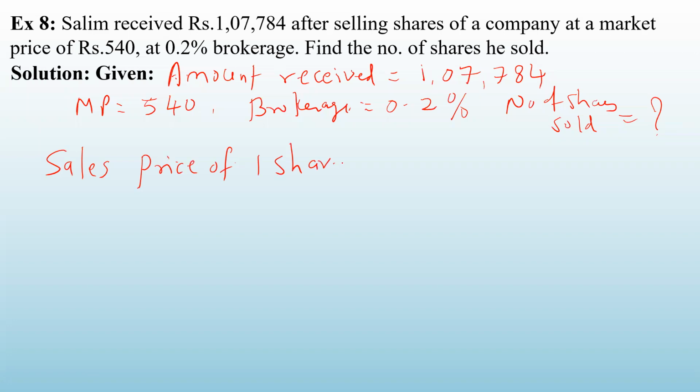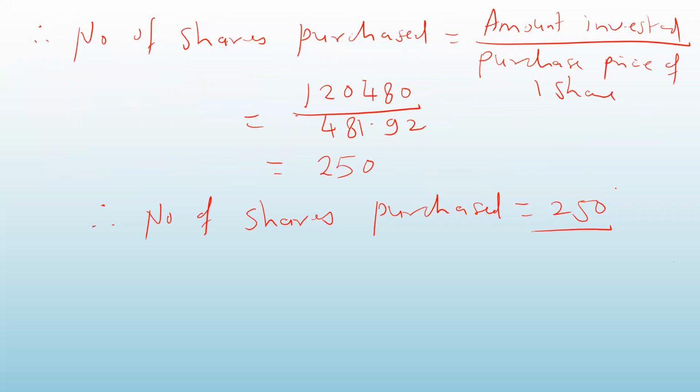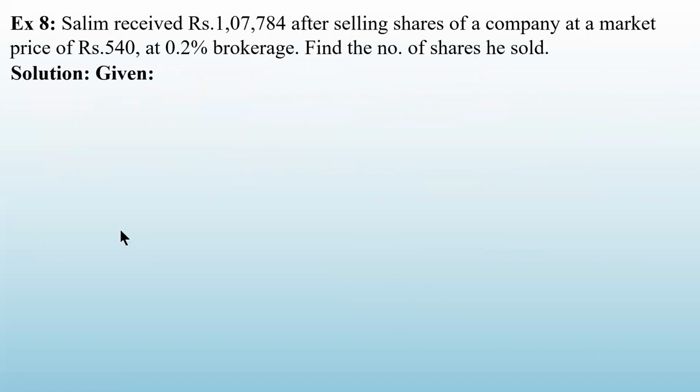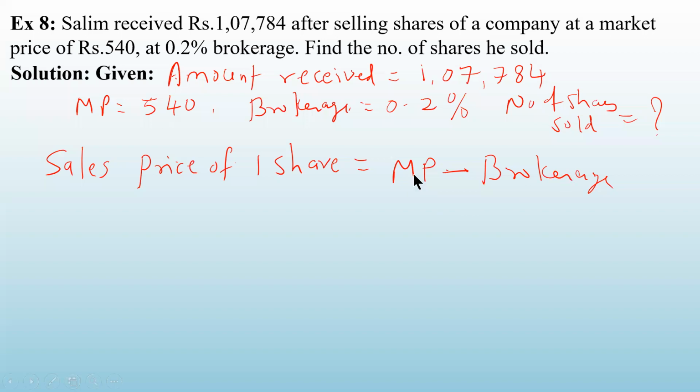When you find out the selling price of one share, brokerage is always deducted from the market price. Look here. When you calculate the purchase price, you add the brokerage. In the previous problem, we added the brokerage to the market price. When we have to find the selling price, we will subtract the brokerage from the market price. Now what is the market price? It is given to you as 540.